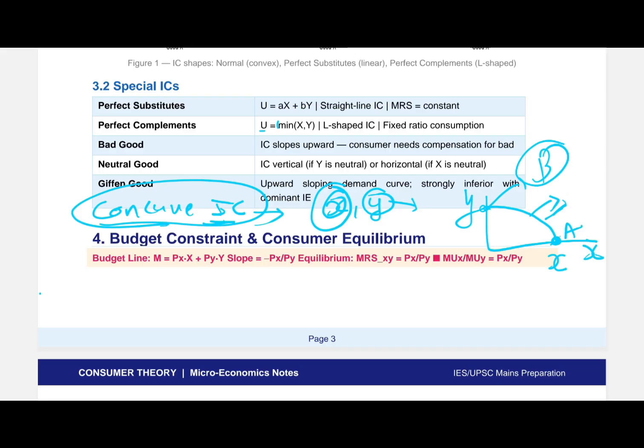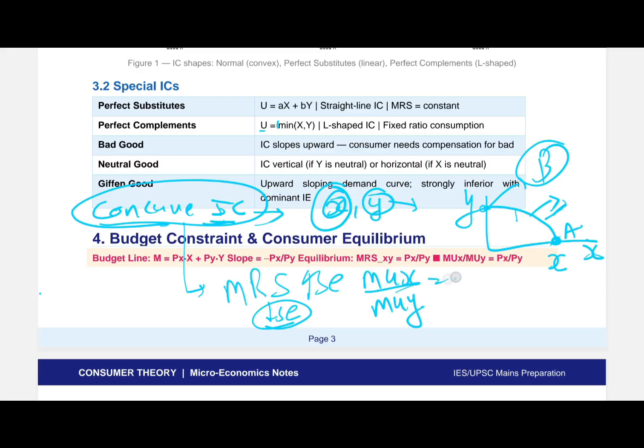There is one more concept here. Here the marginal rate of substitution is increasing, it's not decreasing. This is a very important point to note. Let's see the example of it. MRS is marginal utility of x upon marginal utility of y, that is change in y upon change in x.